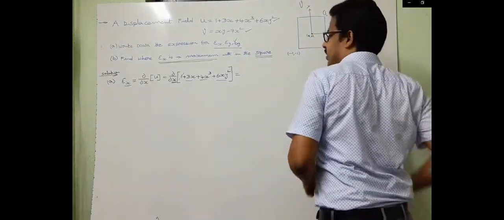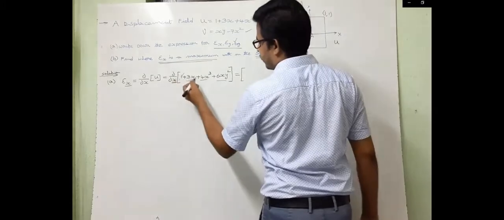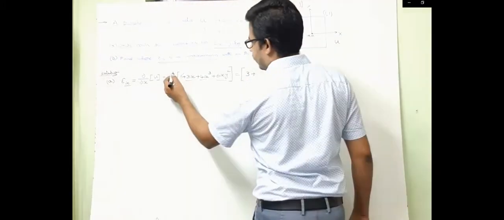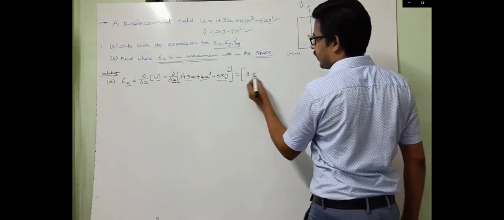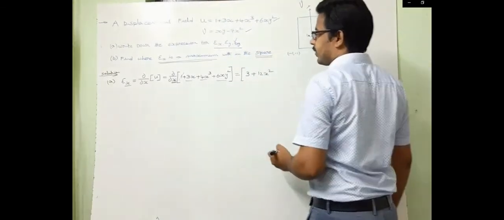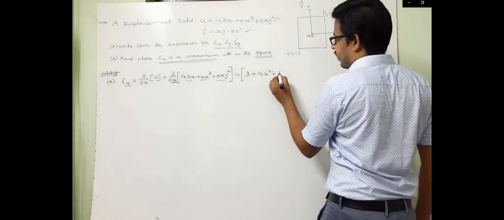So in this equation, partial differentiate constant term 0, plus d by dx of 3x, that equal to 3, plus what is the dou by dou x of 4x cube. So here 4 into 3, 12x square, plus 6y square. We need to simplify it.